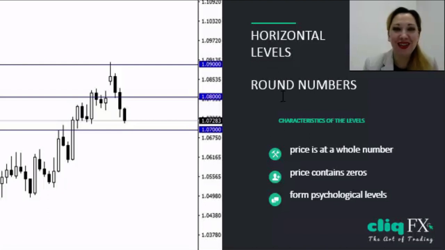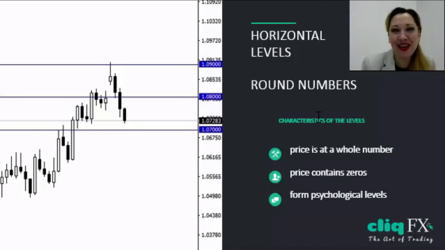And this actually has nothing to do with technical analysis, it's an absolute psychological fact. Most traders tend to buy or sell at price levels where the price is a whole number or contains some zeros. So the strongest round price is the one which has 4 zeros at the end, and according to these, 3, 2, 1.